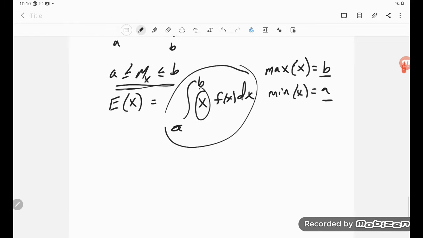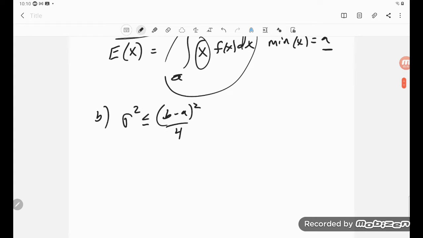And then it says show that for part B its variance is less than or equal to (B minus A) squared over 4.